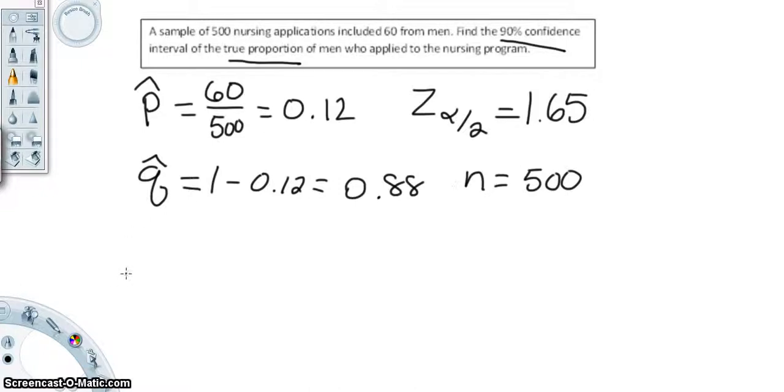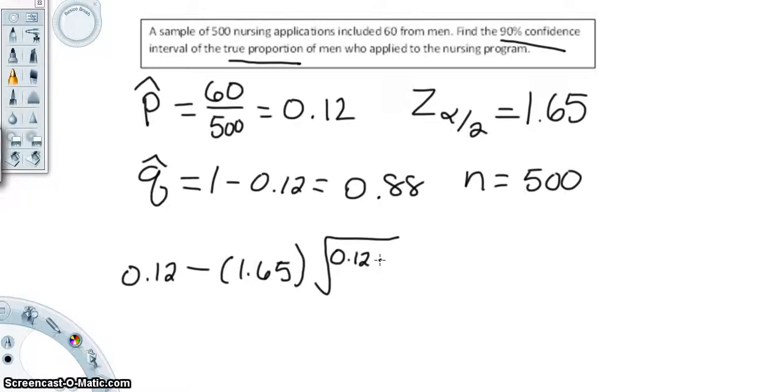We have p hat, which is 0.12, subtract our z sub alpha over 2, which is 1.65, times the square root of p hat times q hat, so 0.12 times 0.88 all over the sample size of 500. And that is going to be less than what our true proportion, or our population proportion, is going to be.